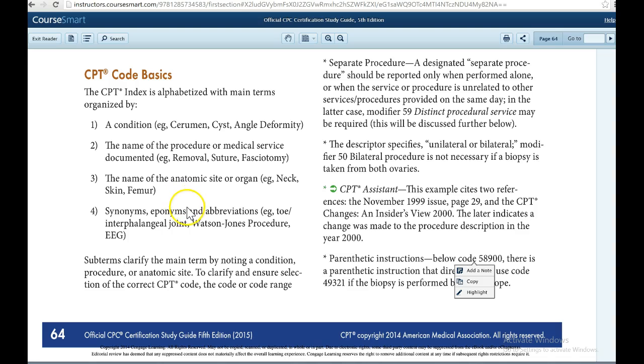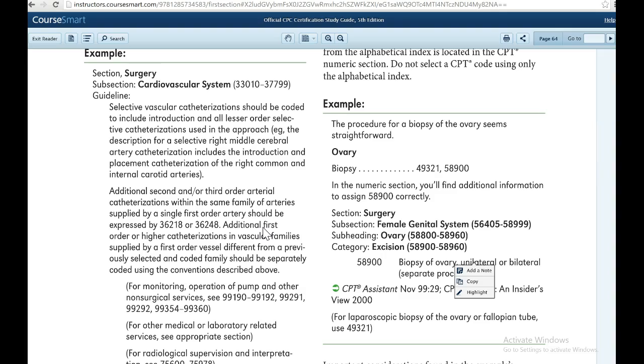Then you can also access CPT codes by synonyms, eponyms, abbreviations, such as your toe, your phalangeal joint, Watson-Jones procedures, or an EEG, okay? So please remember, those are the ways you look up those codes.